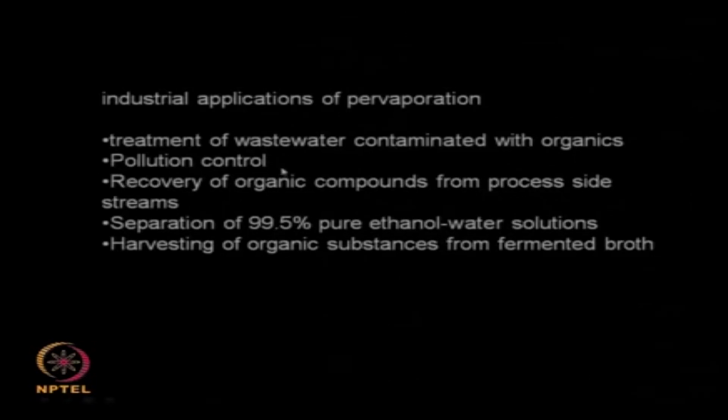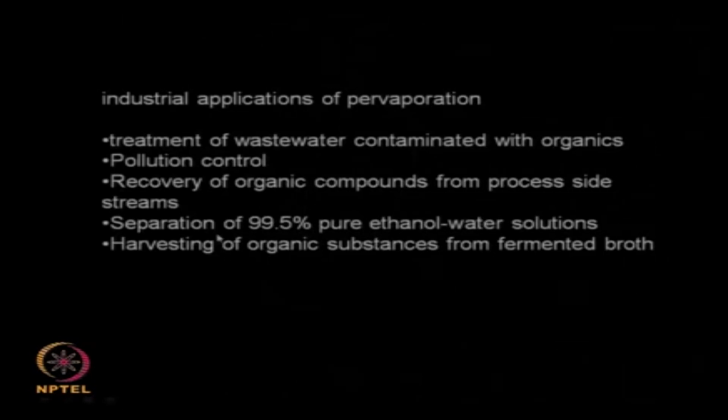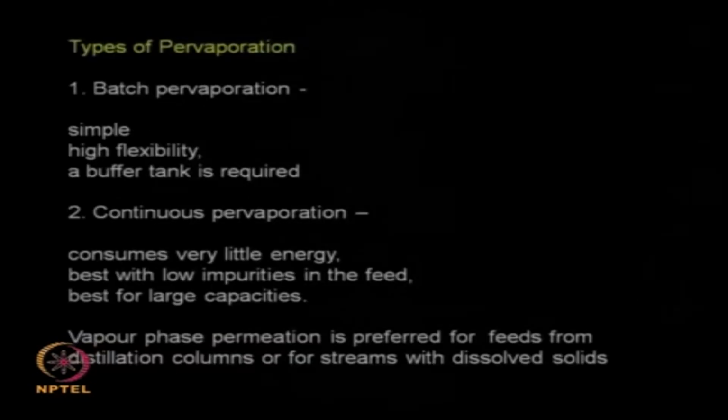Other uses are pollution control and recovery of organic compounds from process side streams. Sometimes I am doing a reaction and there could be an organic contamination, so I just want to remove that so that I can recycle the process stream. Also separation and purification of 99.5% pure ethanol from ethanol-water systems, and harvesting of organic substances from fermentation broth. So quite a lot of applications of pervaporation are coming into the market.